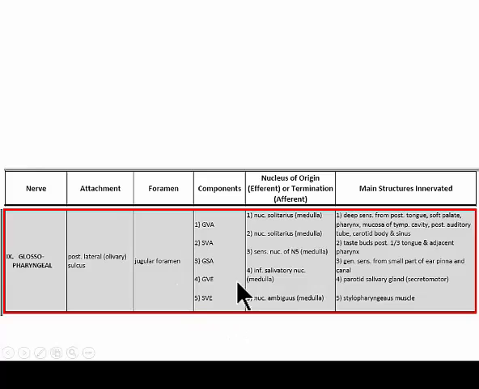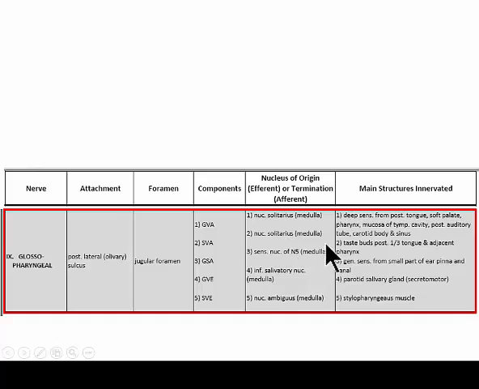Glossopharyngeal nerve, a lot of components. Posterior lateral sulcus is where it attaches to the brainstem. 9, 10, and 11 go out the jugular foramen. Here are its components. General visceral afferents: deep sensation from the posterior tongue and pharynx, but more importantly, the carotid body and sinus afferents are relayed through the glossopharyngeal nerve.